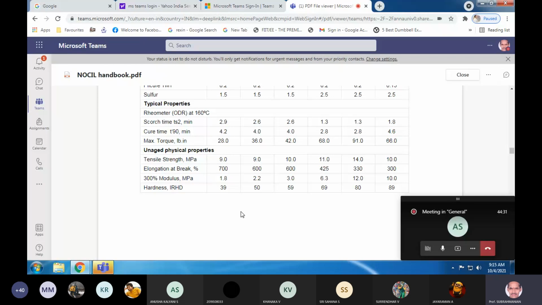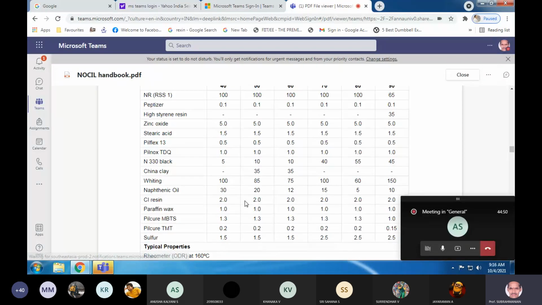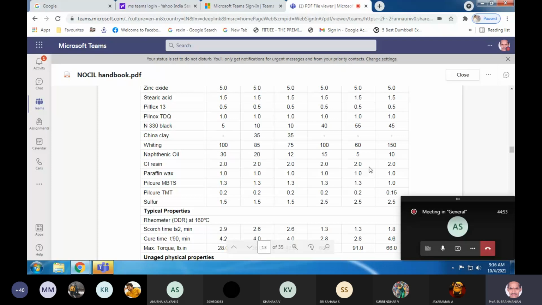A good elongation and high modulus means toughness. But in this case, only the 80 hardness gives you a good modulus. How do we obtain the 80 hardness? That is very well answered in the filler loading.